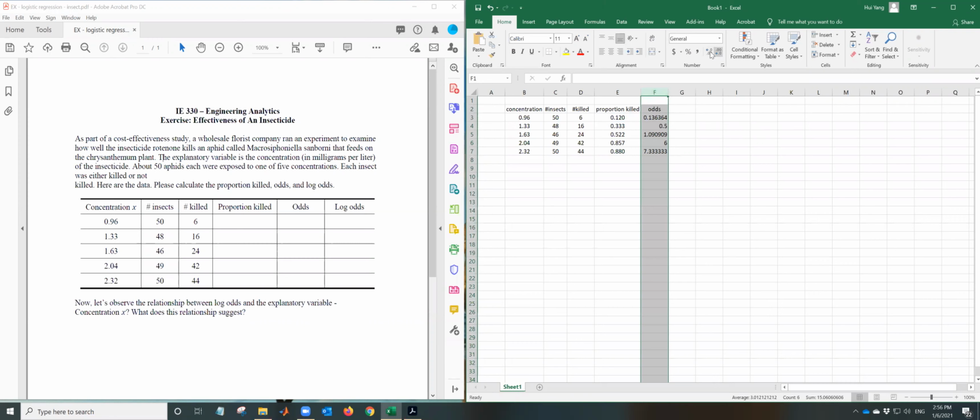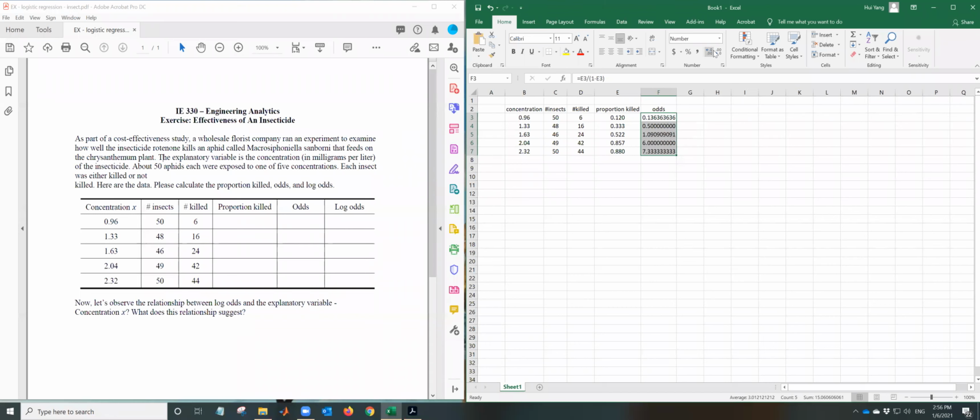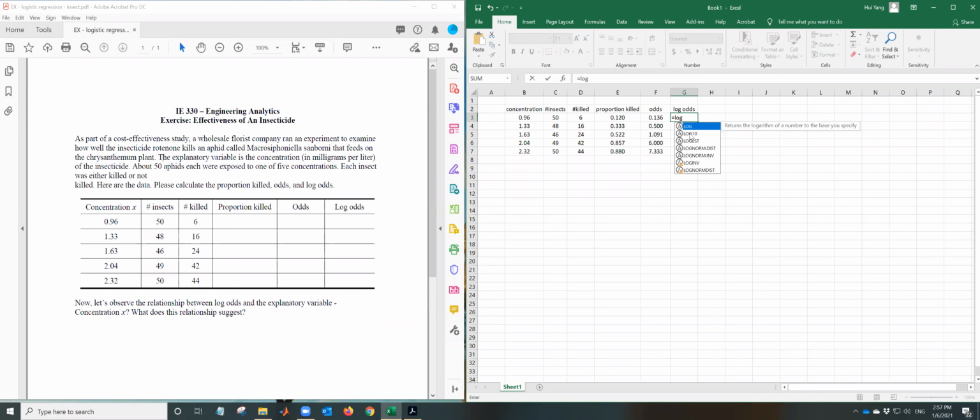Let's put it in there. Okay, let's put 3 digits over here. Now log odds. Log odds will be equal to log, and we use natural log, and this will be minus 0.853. Okay.